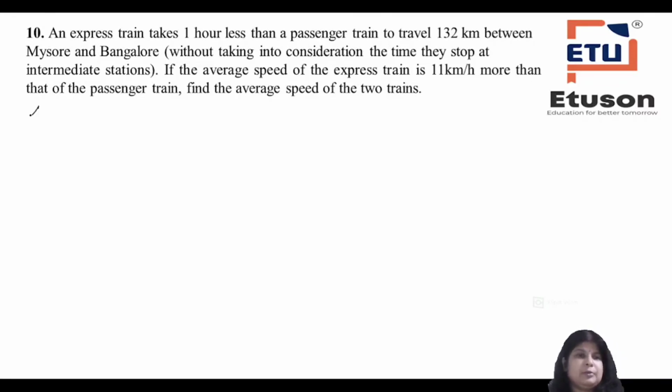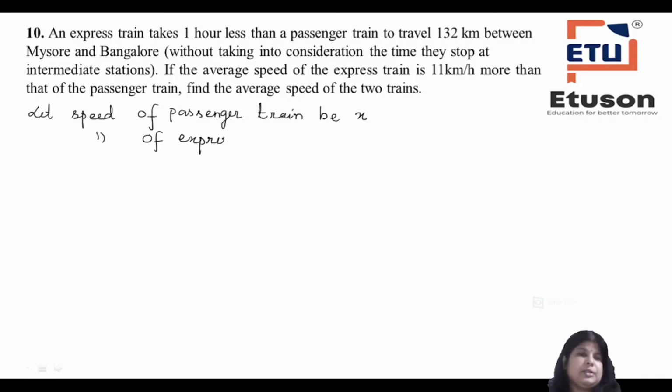So we'll take the lower speed as passenger train. Let the speed of passenger train be x, then the speed of express train will be, according to the question, x plus 11. Correct or not?